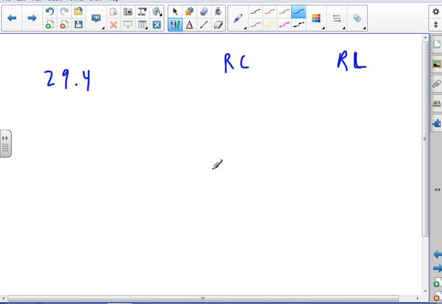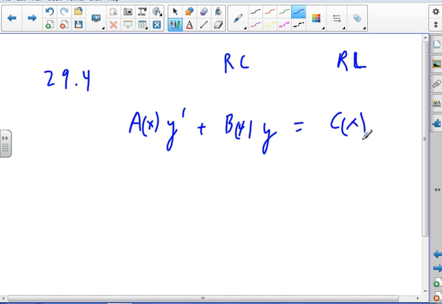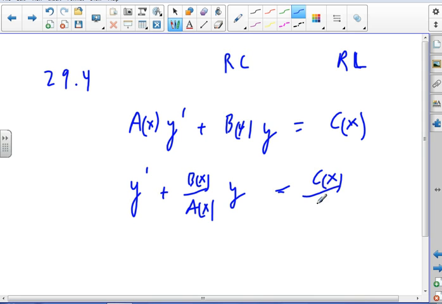It says that if I have something in the form A(x) y prime plus B(x) y is equal to C(x), then I would change the formula. I'd divide by A(x) and have B(x) over A(x) y is equal to C(x) over A(x).